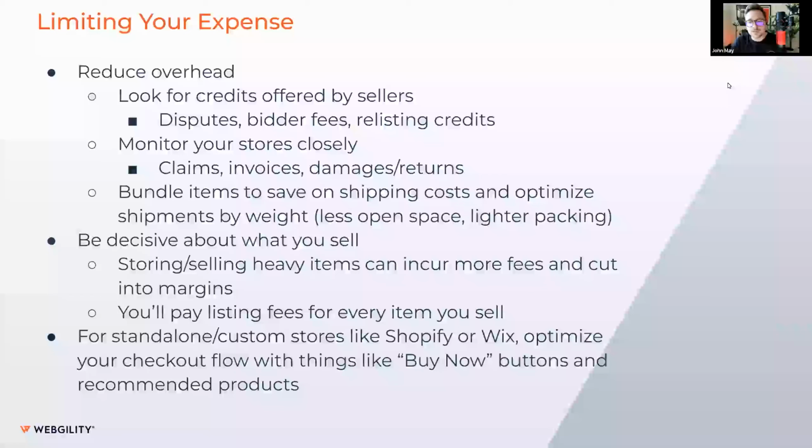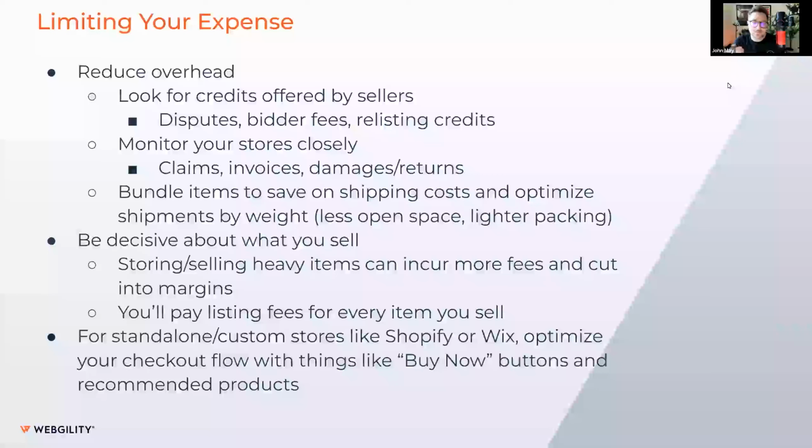But in relation to Amazon, if you don't take care of those damages or returns in a timely manner, Amazon could essentially tell you that you can't relist the item at all because it's been too long. So just staying on top of things is always a good idea. Doesn't matter what we're talking about in terms of your store, it can impact your profits in that way, and you're minimizing the damage that these things do to your profit.